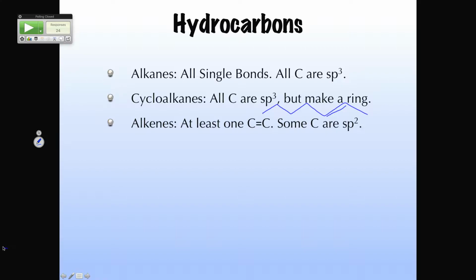It has how many carbons total? 7. Good. I'm making sure you're reading the structure right. How many carbons are sp3 hybridized? 5. Good. And how many are sp2 hybridized? 2. You got it.